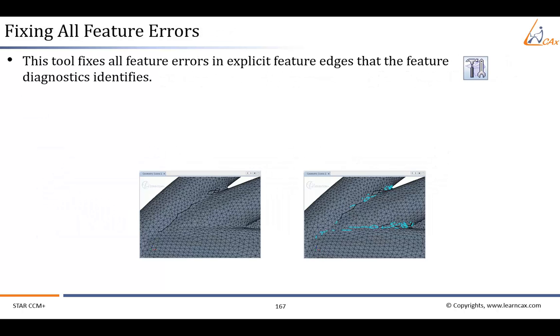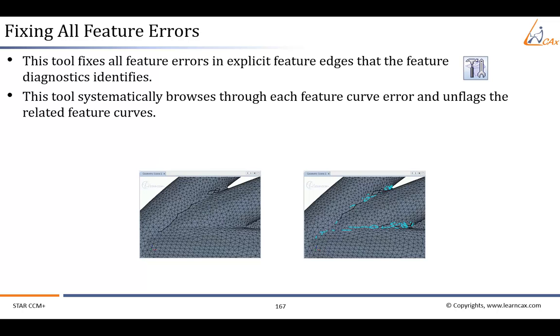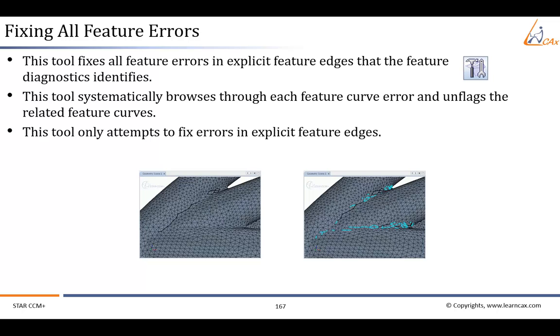This tool fixes all feature errors in explicit feature edges that the feature diagnostics identifies. This tool systematically browses through each feature curve error and unflags the related feature curves. To make this tool available, run the feature diagnostics.